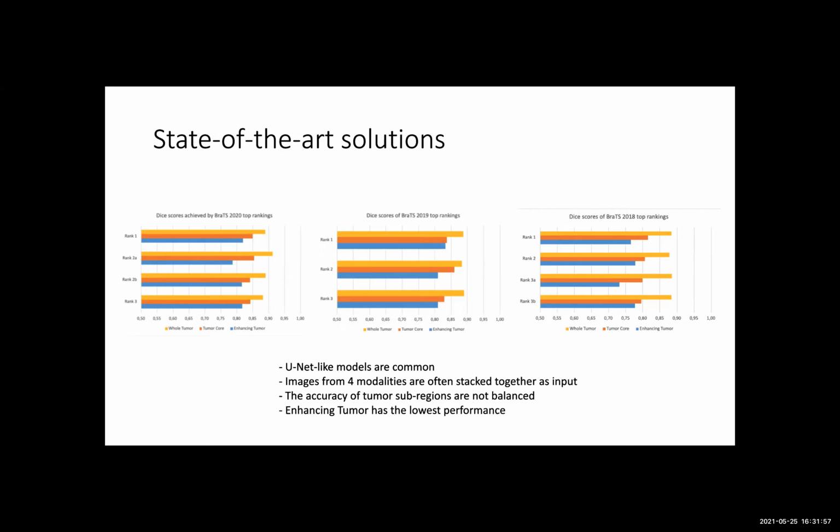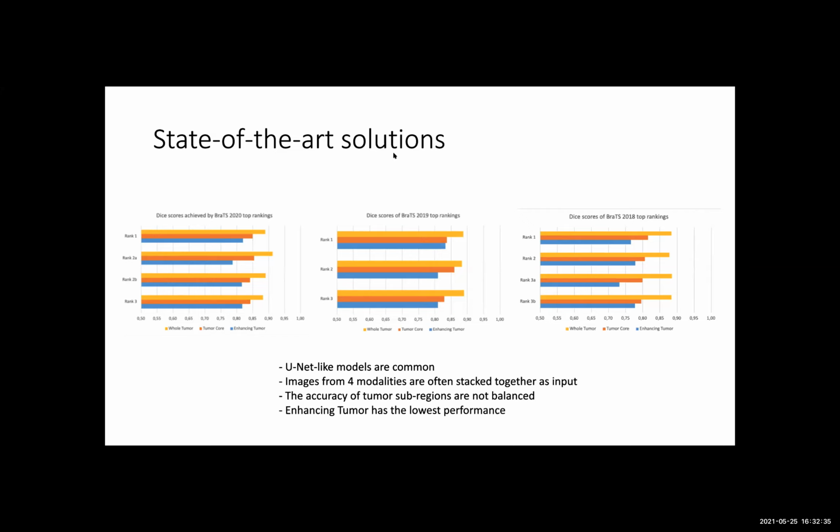For example, I have noticed that UNet-like models are very common amongst the solutions. So I believe it is a pretty good architecture to start with, especially as the BraTS 2018 and BraTS 2020 first rank used the same nnUNet, which is a modification of the UNet, and they have some changes in the model and in the way they rank images.